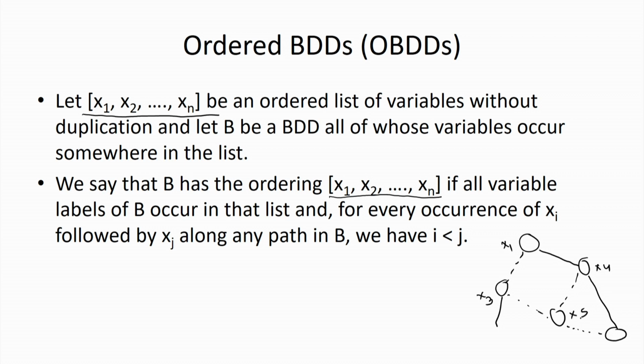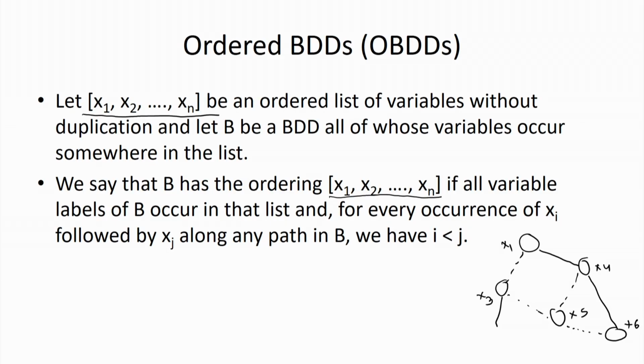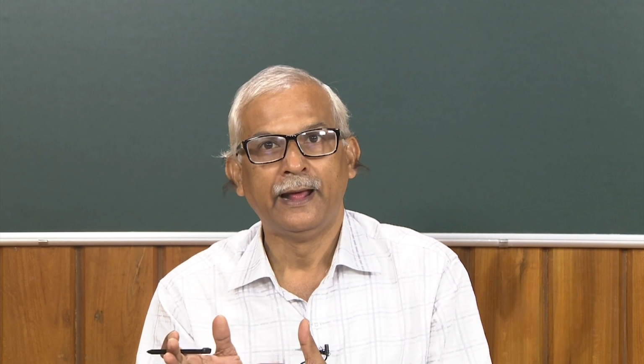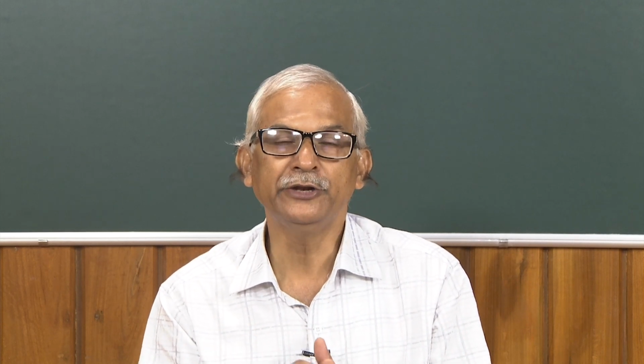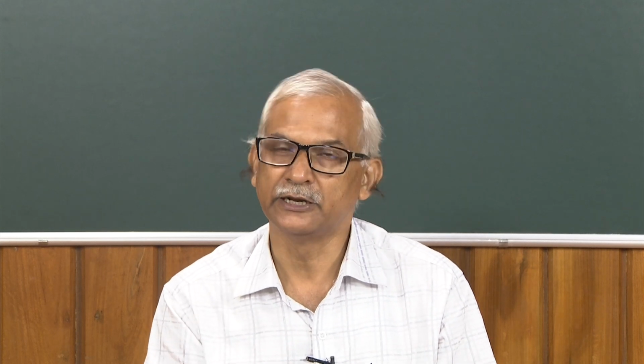It may be after x 5, it may be either x 6 or maybe x 7, x 8, like that. If the variable x 2 is present in this particular function, then x 2 has to come somewhere over here, which appears before x 3 and x 4, or maybe x i with i greater than 2. So, this particular ordering we are going to maintain while constructing the BDD.